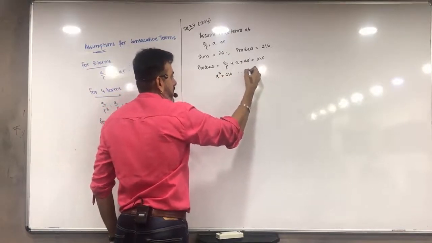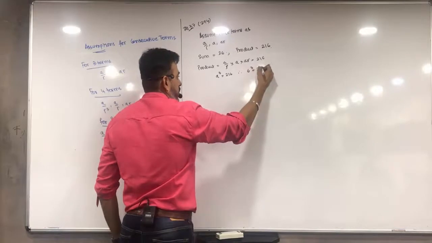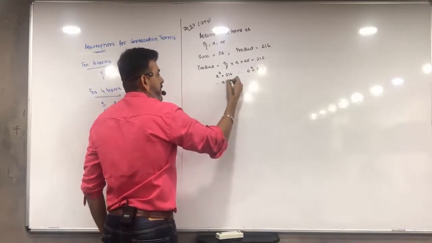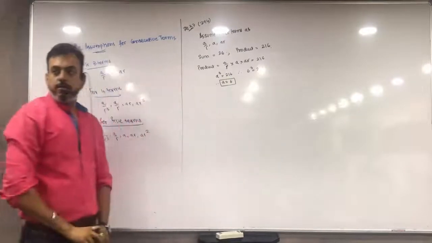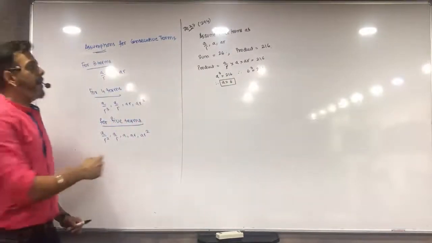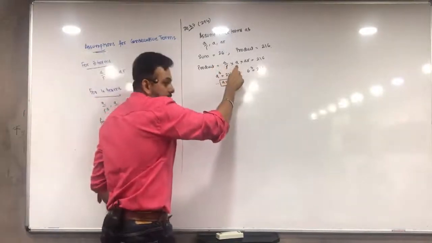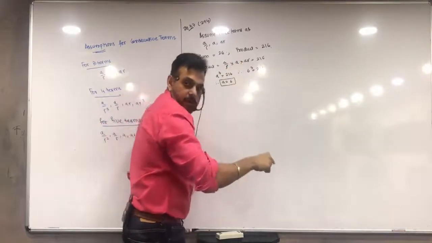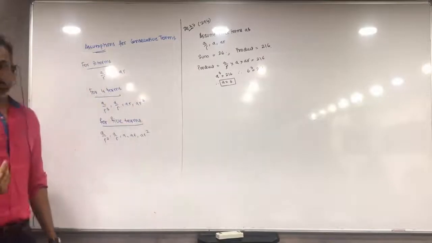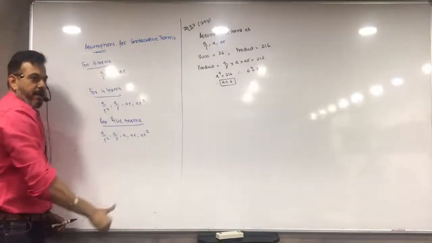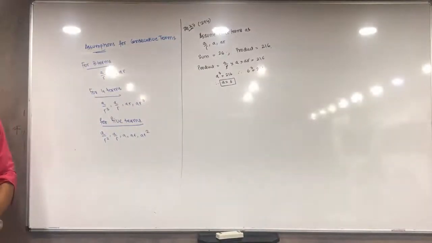Therefore, 6 raised to 3 is equal to 216. Therefore, A is equal to 6. Understood this? Now, if you use A into AR square here, you will never be able to solve it. That's why we have to go for these assumptions. You have to learn this.